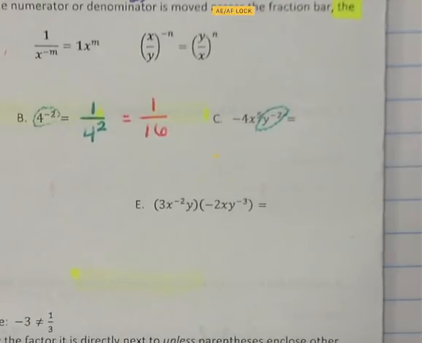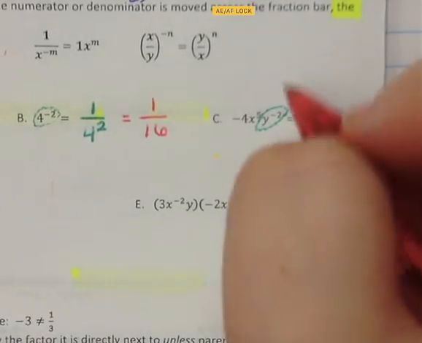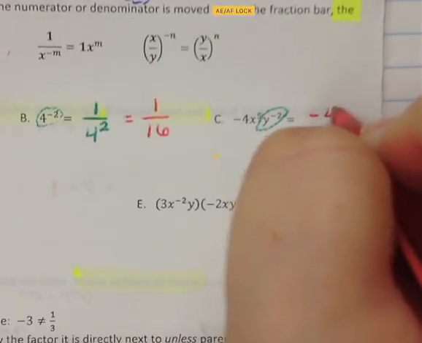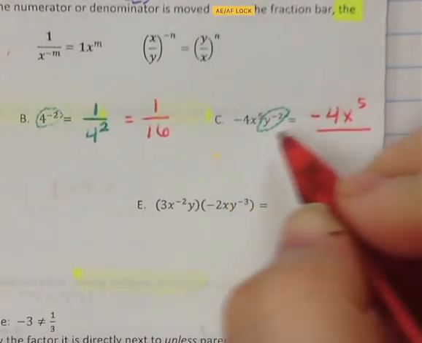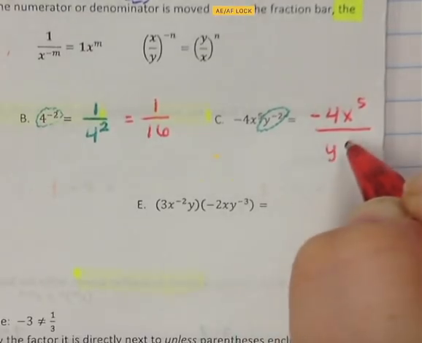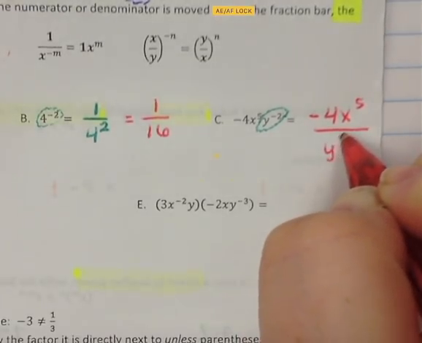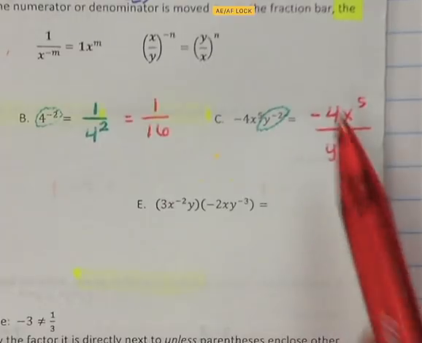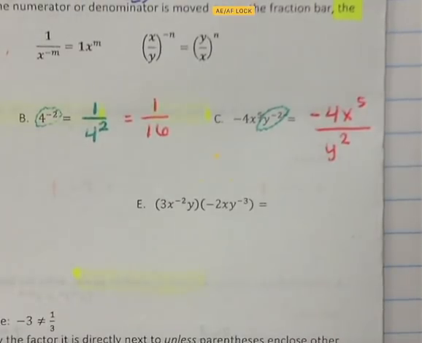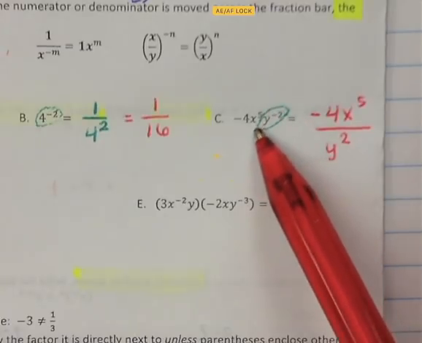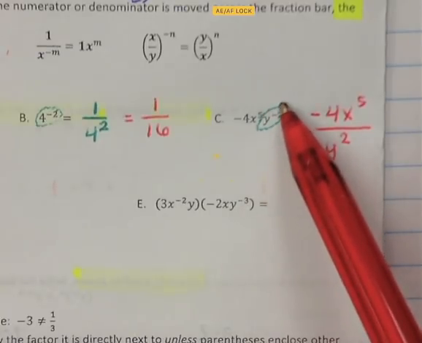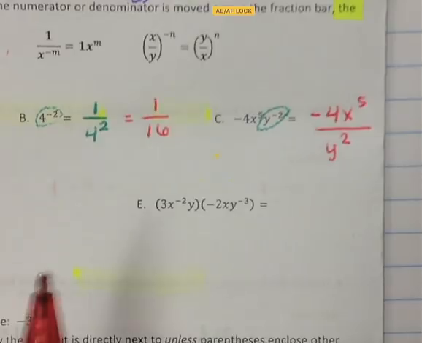So that negative 4x to the 5th will not change. That actually stays in the numerator, negative 4x to the 5th. But then the denominator becomes, we keep the base of y, then the exponent turns to a positive 2. And we can't simplify that further, so that's our answer. This is what I was talking about earlier with making sure that you know what is attached to. Because if it's attached to parentheses, then that becomes different.